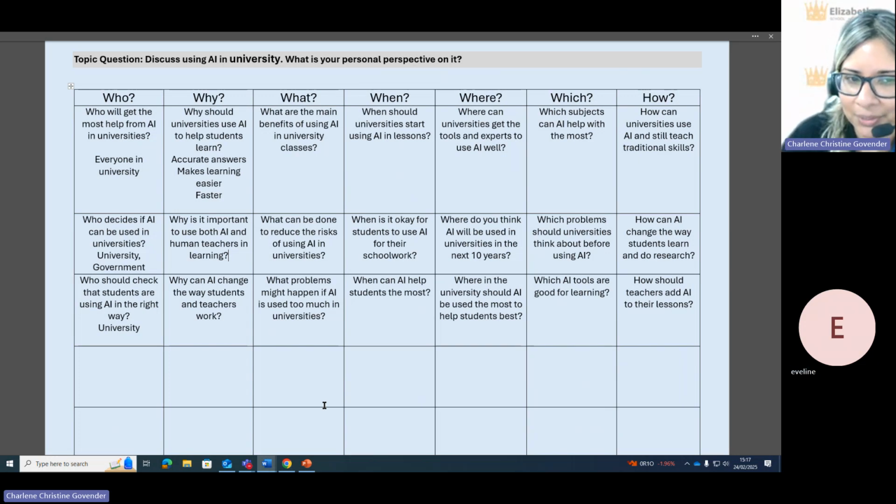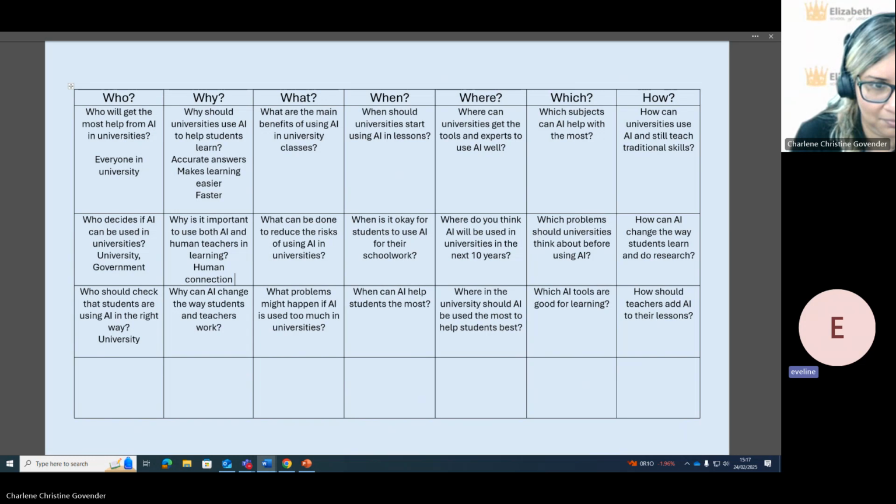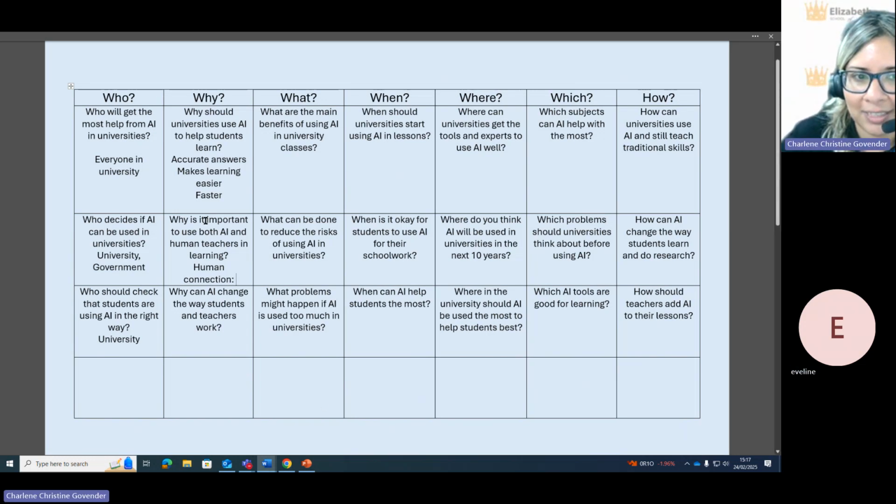Why do you think it's important that we use both? I like when it's more human because it makes us more connected to each other. And the AI makes people more lazy. But this question is saying, why is it important to use both?